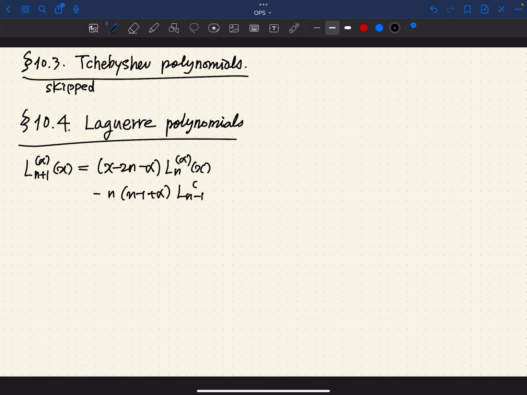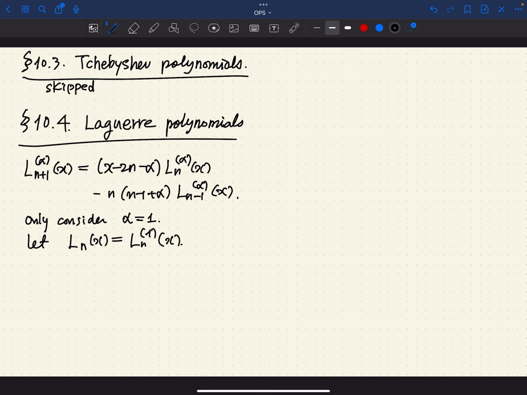But as before, just for simplicity, we'll only consider the case alpha equals 1. So let's write L_n(x) to be the Laguerre polynomial with parameter alpha being 1.